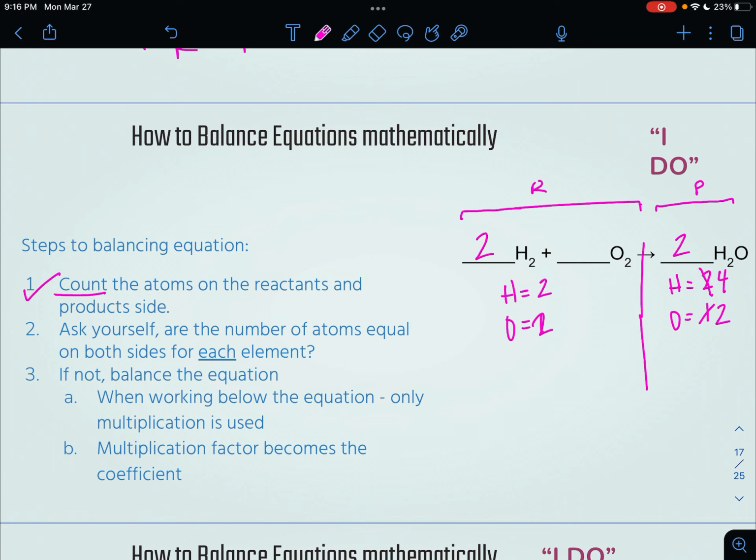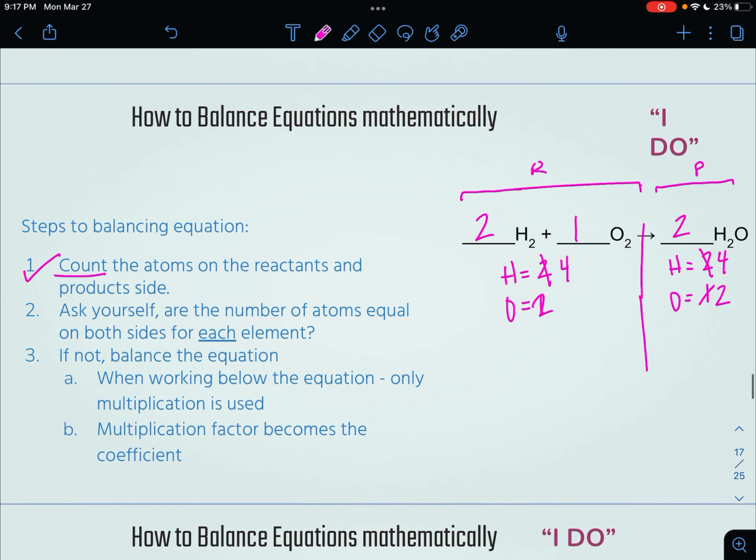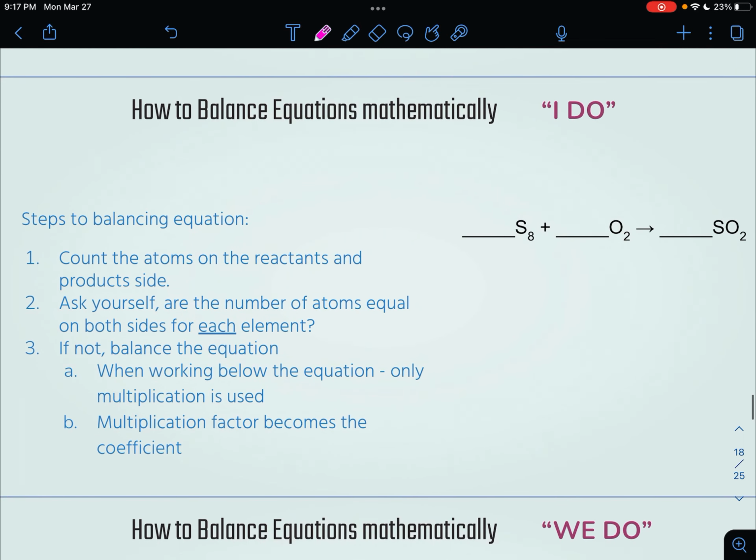If I put a 2 there, now I have a total of 4 hydrogens. So everything is equal. And remember, if we have a blank here, that's really an invisible 1. So if you want to write a 1 there, that's fine, but you don't have to. Most likely you will not see anything written there, generally speaking.